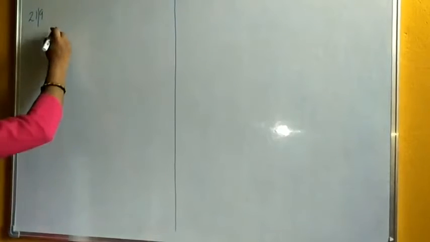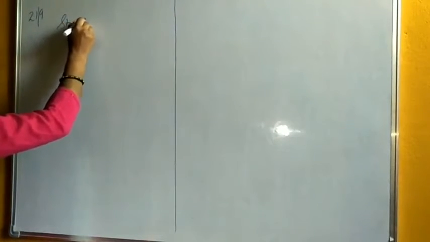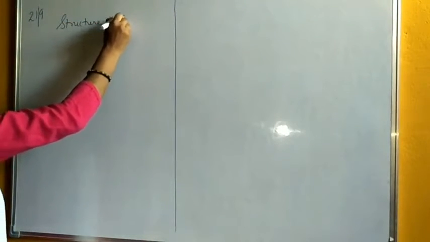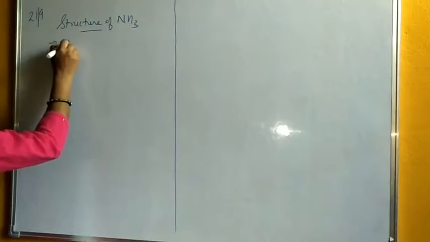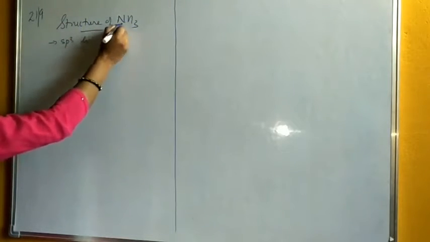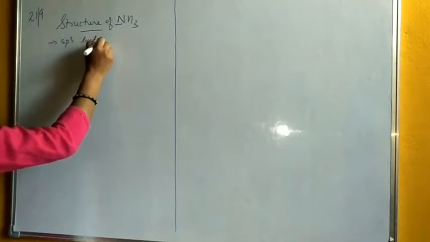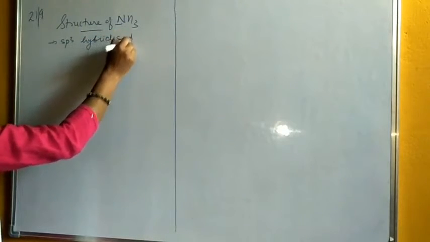We are going to discuss the structure of the ammonia molecule, right? So the structure of NH3, you know that in NH3 the central nitrogen atom is sp3 hybridized, right?